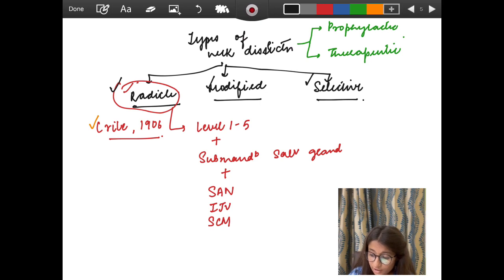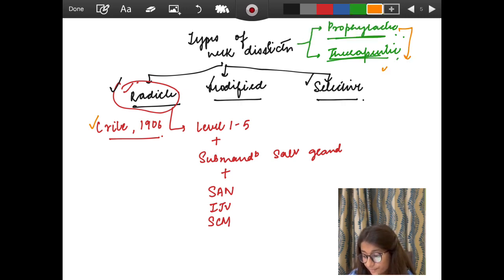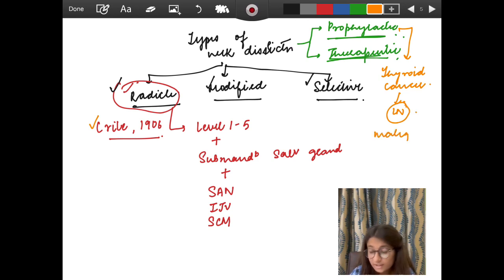So what is the meaning of prophylactic and therapeutic neck dissection? Prophylactic, like in thyroid cancer, we prophylactically remove lymph nodes that are not involved in the malignancy, but as a prophylactic measure we remove the cervical lymph nodes, though these nodes are not clinically palpable or radiologically detected.